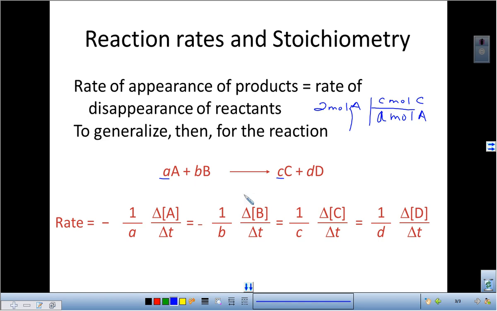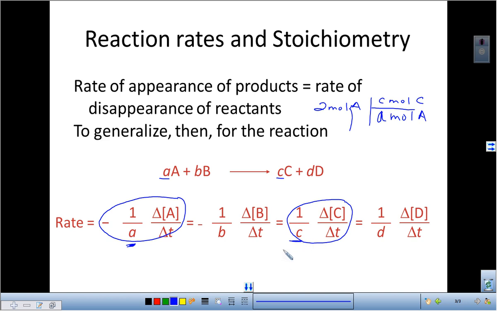I'm about to explain this with a problem, but here is the relationship between A and C. Now, where did I get these fractions from?